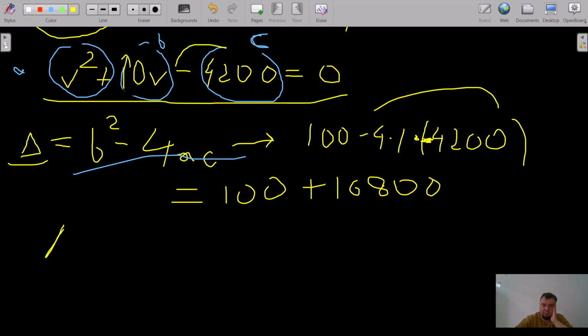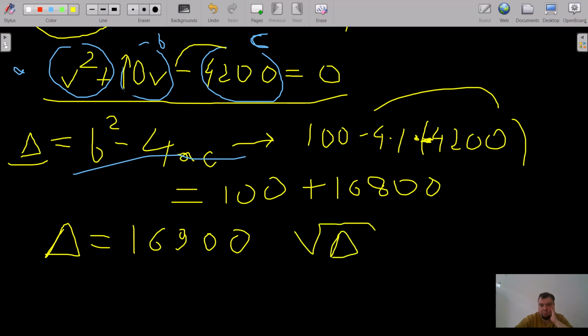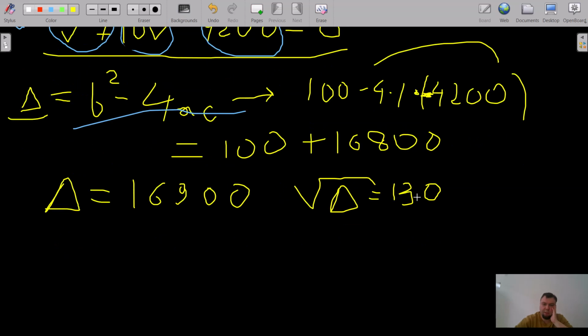So we get that the discriminant equals 16,900, right? Therefore, square root of delta equals 130. It's just like square root of 169 equals 13. Here we just have two zeros, so we add zeros and we can easily calculate it.